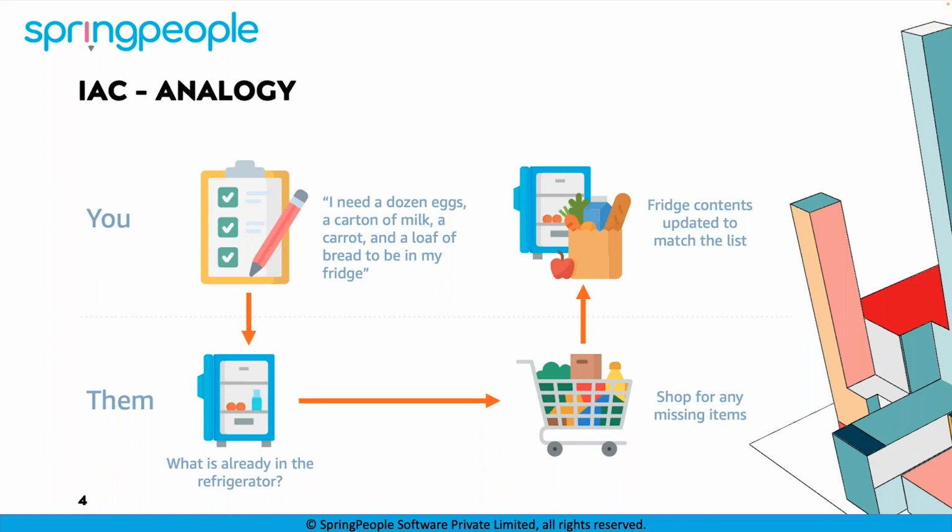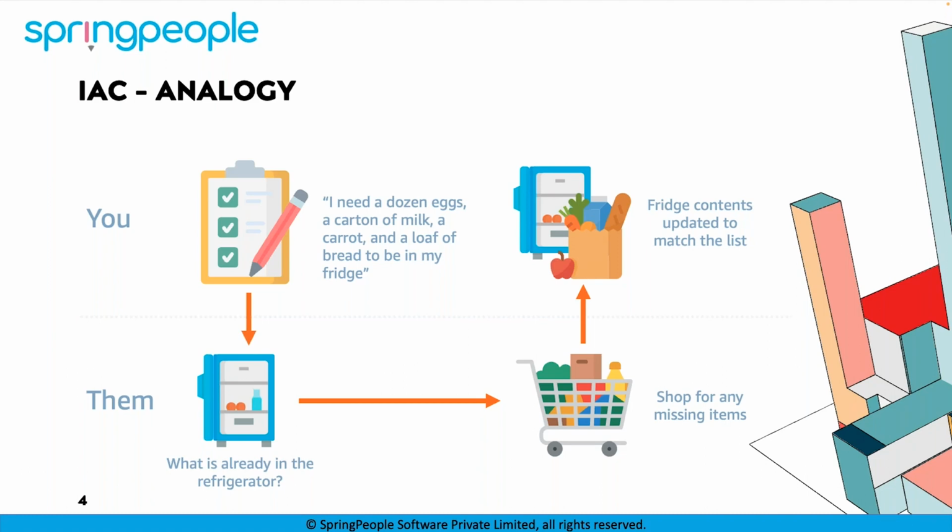That is your wish list, and somewhere you have written it or told it to someone. Whenever you consume those things, depending on the state of that refrigerator, out of 10 eggs, if you have consumed 4, it will become 6, right?